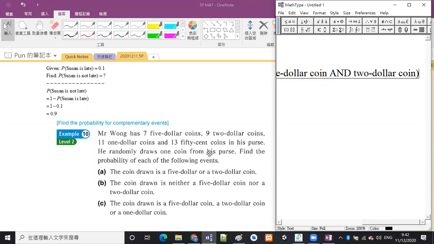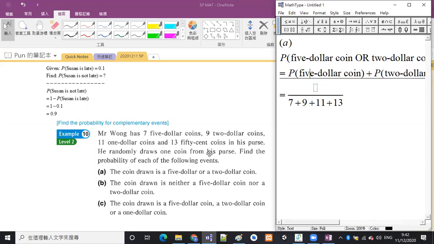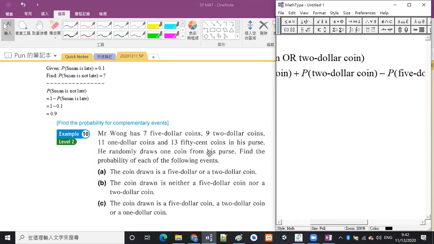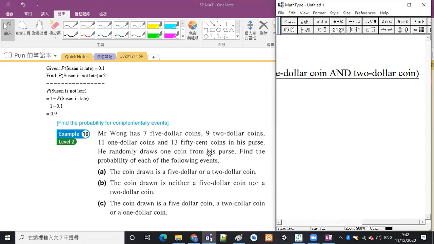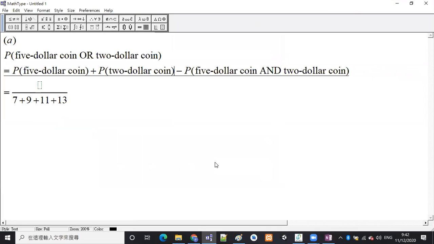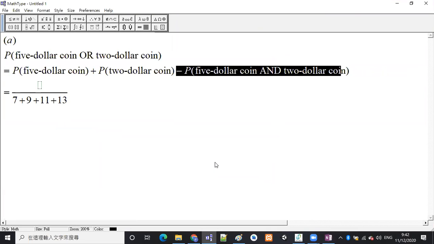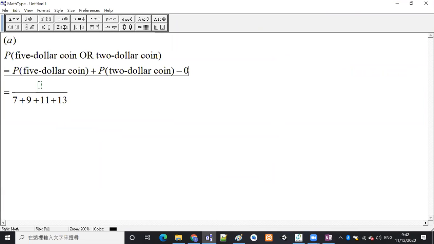OK，即係咧又係要用翻個句咯，5蚊銀嘅數字加2蚊銀嘅數字減同時間係5蚊銀又係2蚊銀嘅數字。不過我哋知道咧呢個數字應該係0嚟㗎係嘛？冇一個銀同時間係5蚊或者2蚊嘅。So we are going to minus 0 here, but you don't need to write minus 0.